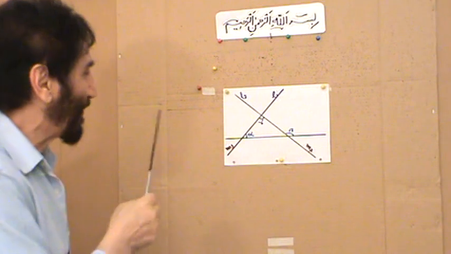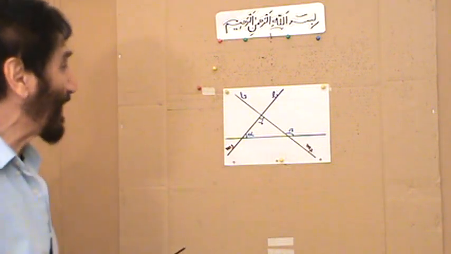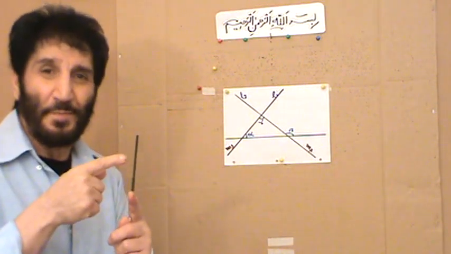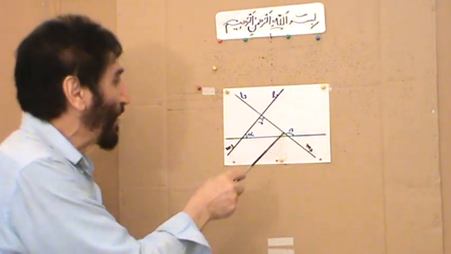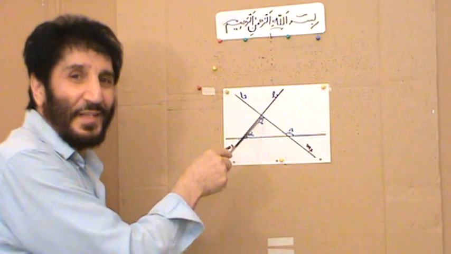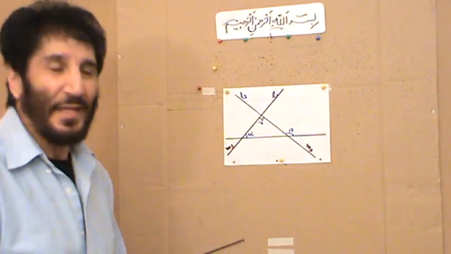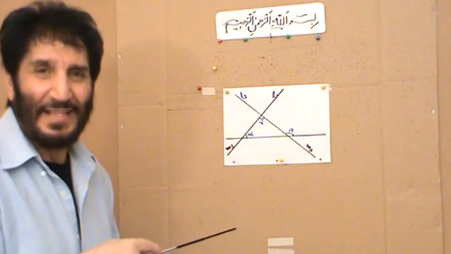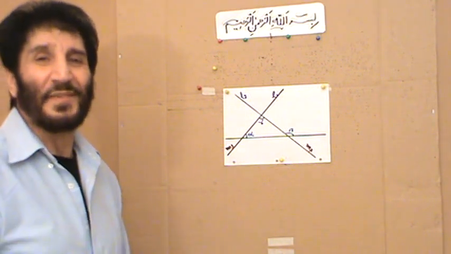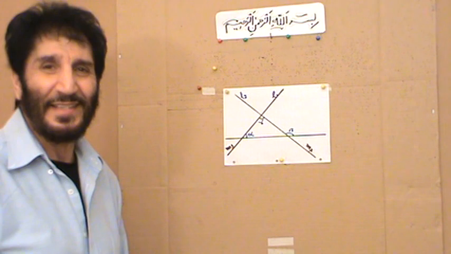What else do we get from this information? We notice that if two lines are intersecting, from this information I can find the angle between them. Meaning from the slope of two lines that are intersecting, I can find the angle between them. Isn't that fascinating?